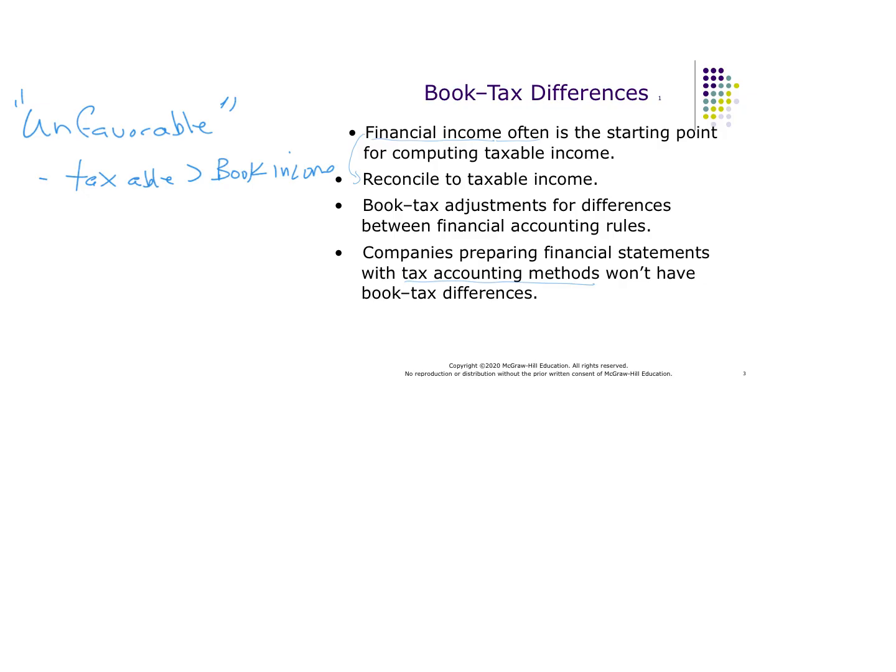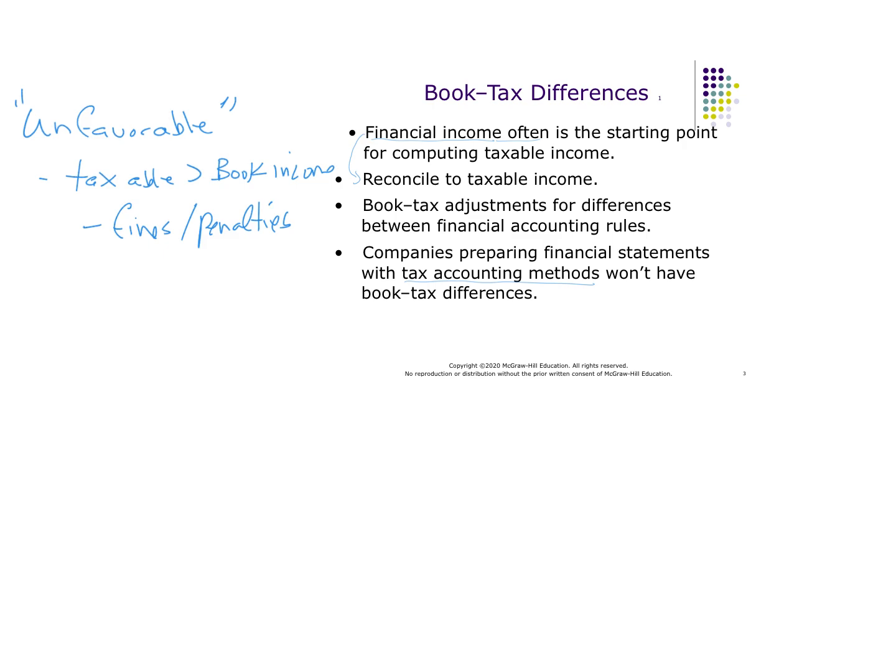What is an example of an unfavorable book tax difference? Well, an unfavorable book tax difference would be fines and penalties.